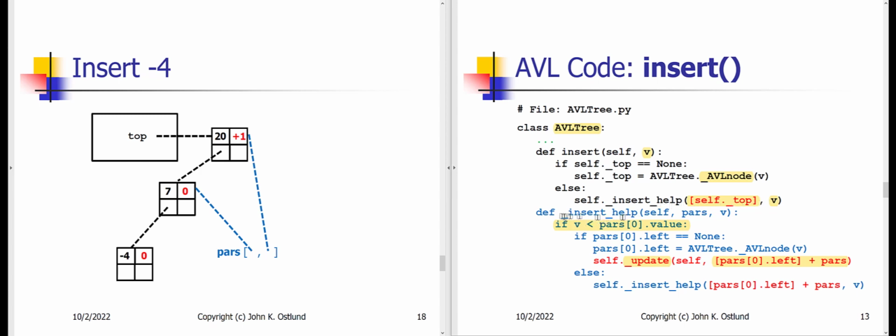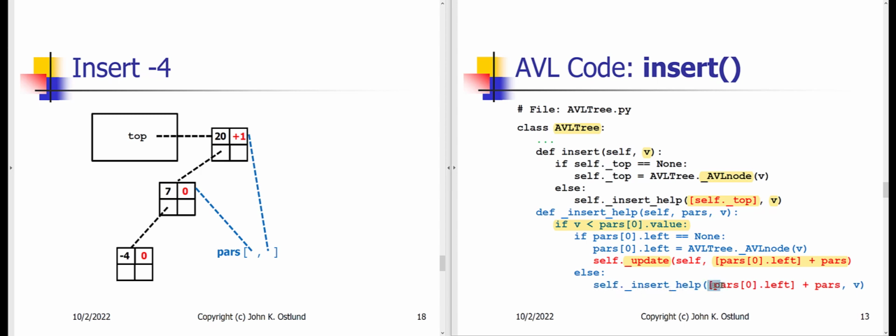When we drop into insert_help, -4 is less than 20. Par sub 0 is self.top. Self.top.value is 20, and -4 is less than 20. So we drop down and check: is the left side underneath top none? Well, no, it's not. So we have to drop down to the else and do an insert_help.